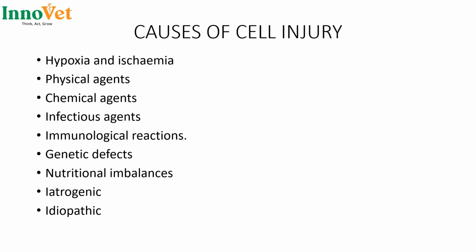What are the causes of cell injury? First, we have hypoxia, which is reduced oxygen supply to a tissue. We have ischemia, which is reduced blood flow to the tissue. This can be caused when the blood vessel is blocked. Then it consequently leads to hypoxia and also reduced nutrient supply to the tissues.